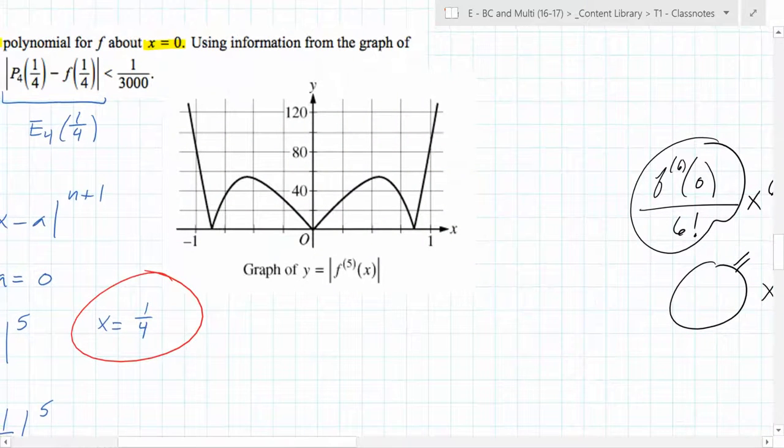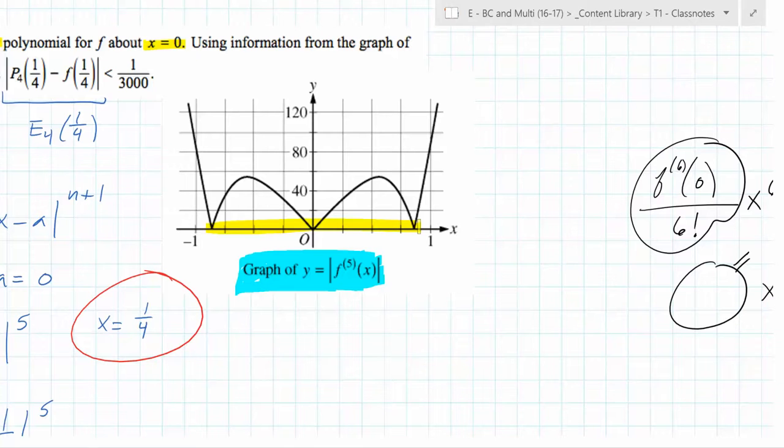Look, they give you the graph of the 5th derivative right here. On this interval, from 0 to 1/4, what is it definitely less than? 40.